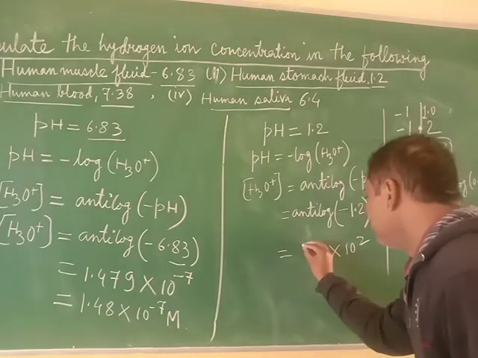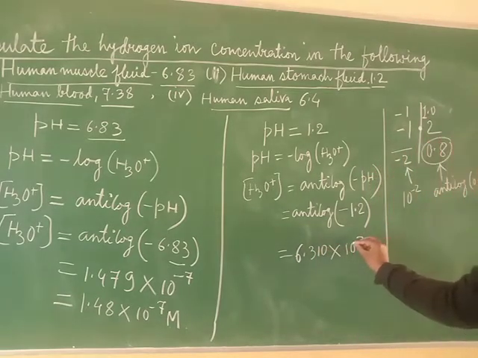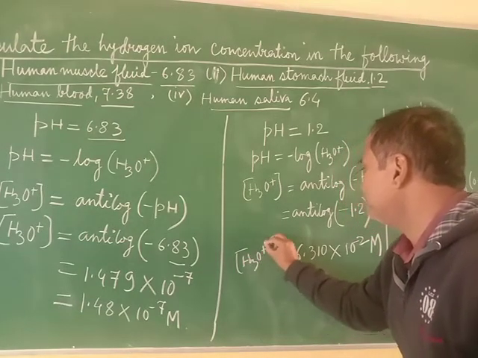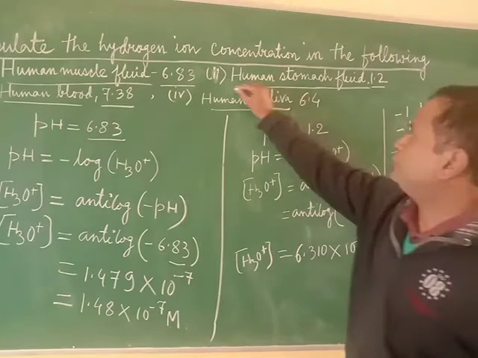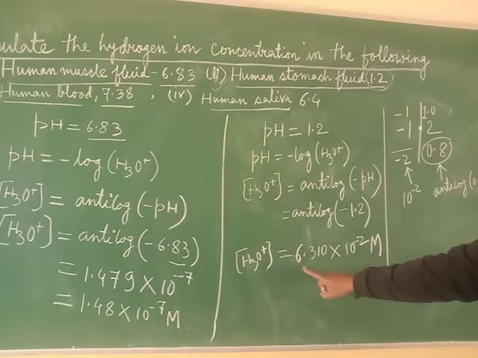So the answer, we have just put 6.310 into 10 to the power minus 2 molar. Thus, the hydrogen ion concentration of the sample of human stomach fluid with pH 1.2 comes out to be 6.310 into 10 to the power minus 2 molar.